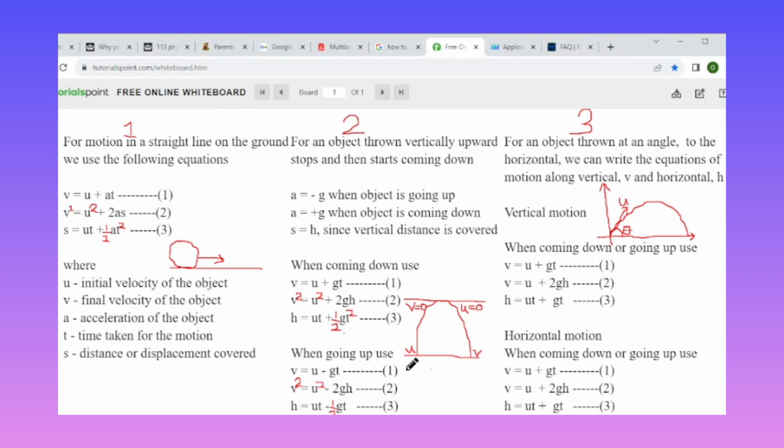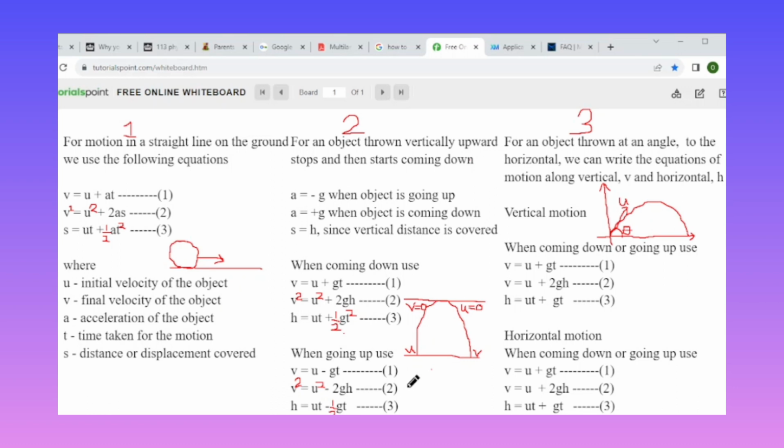When the object is going up, we use the equation v is equals to u minus gt. Don't forget, when the object is going up, we take our g to be negative. So the first equation gives us v is equals to u minus gt.